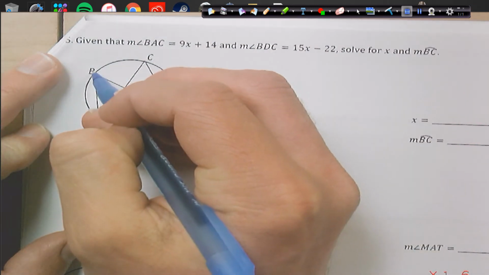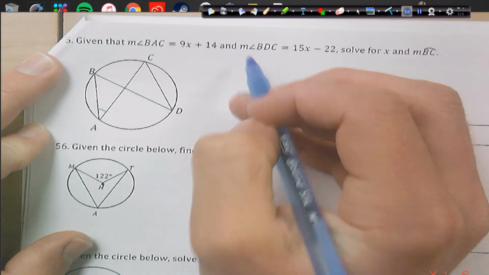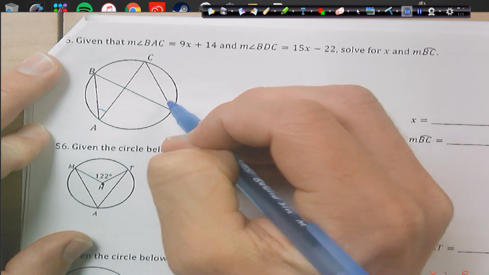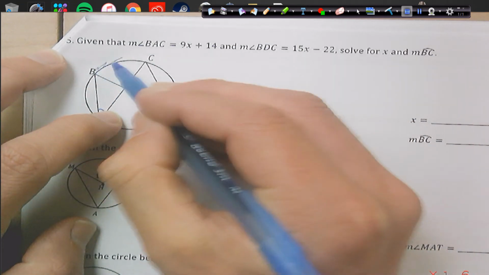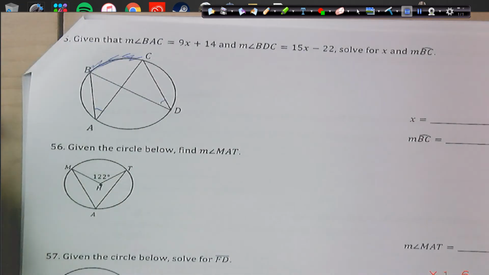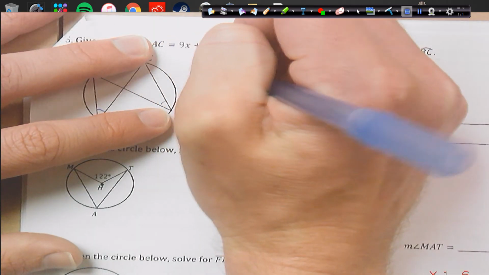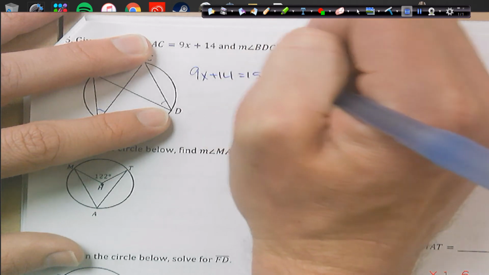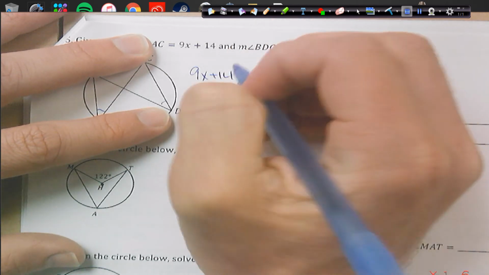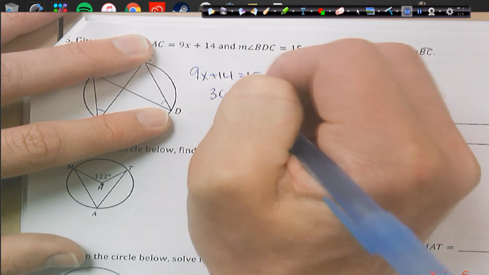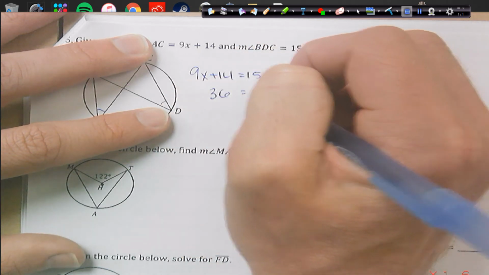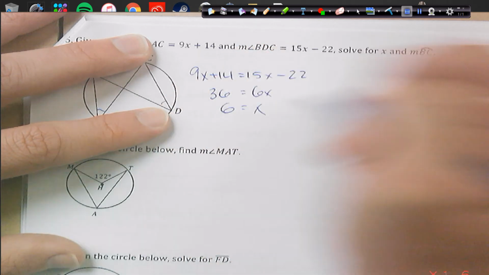BAC is this angle here. BDC is this angle. They open up to the same intercepted arc right here, BC. So that means I can just set them equal to each other. And move that over there, that'd be 36. Subtract this over here, that'd be 6. X is going to equal 6.